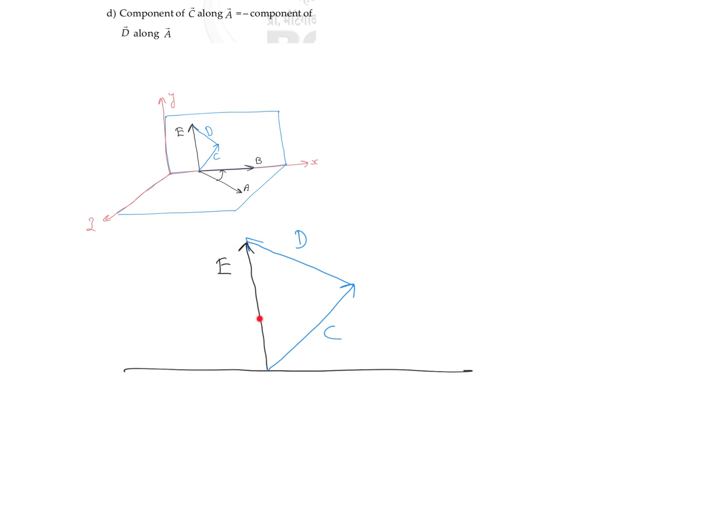So the resultant vector is along this direction. That means the component of C along this direction and the component of D along this direction should get cancelled.